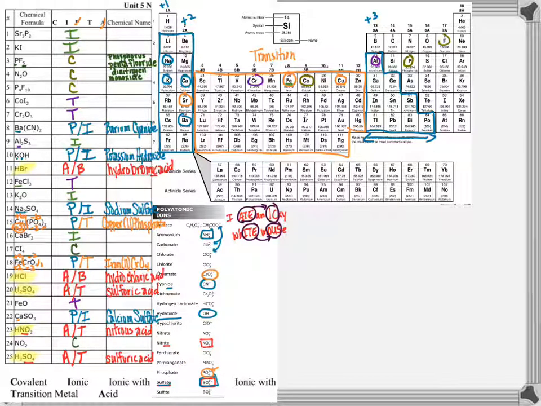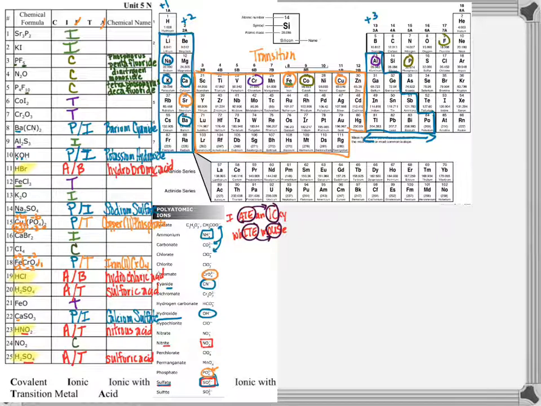Okay, next we have 4 phosphoruses, so it would be tetraphosphorus. We have 10 fluorides, so it would be decafluoride, and end in IDE.